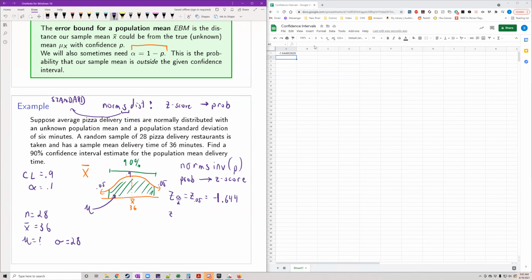We also have the z of 0.95, which we know is going to end up being positive 1.644. Because the graph is perfectly symmetric, on the other end, we will have just the exact opposite.